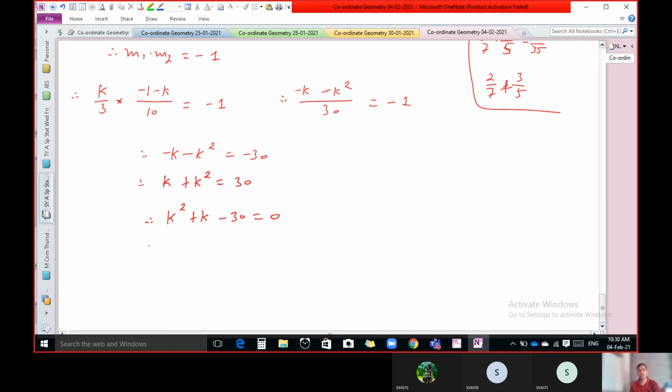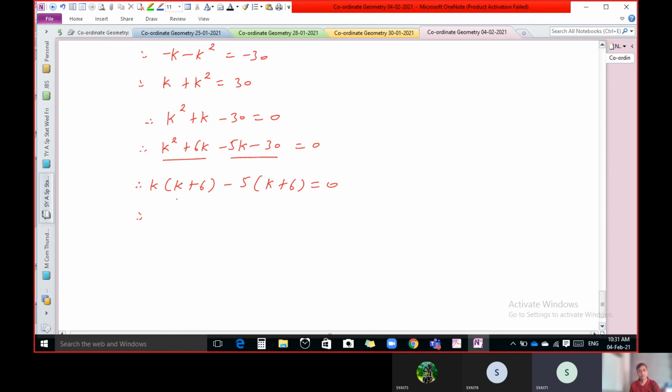Factorize 30. Take k common, take minus 5 common, so we get the factors. Tell me the factors. k minus 5, k plus 6.